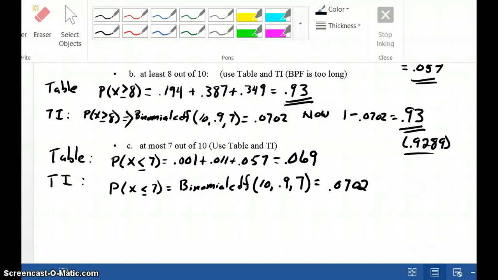But I'm not wanting 7 on down, I'm wanting 8 on up through 10. So now I'm going to have to subtract what I have, 0.0702, from 1 and get 0.93. Specifically, it would be 0.9289 off your calculator, but we can see that that's very close to the answer from the table that we've been given as well.